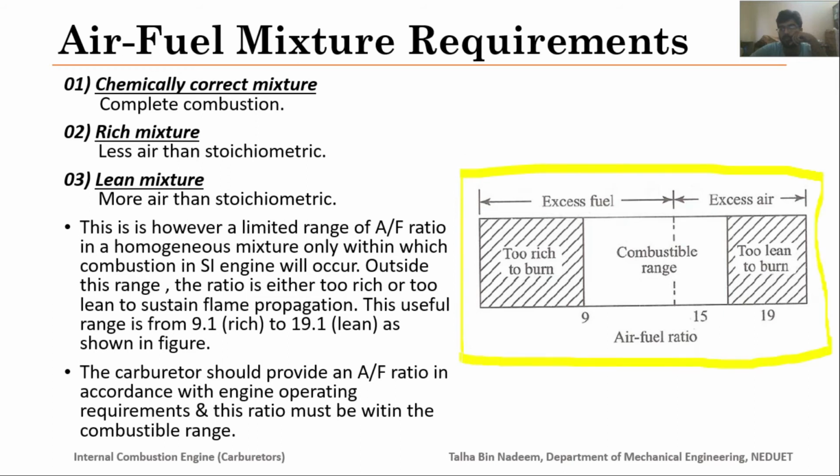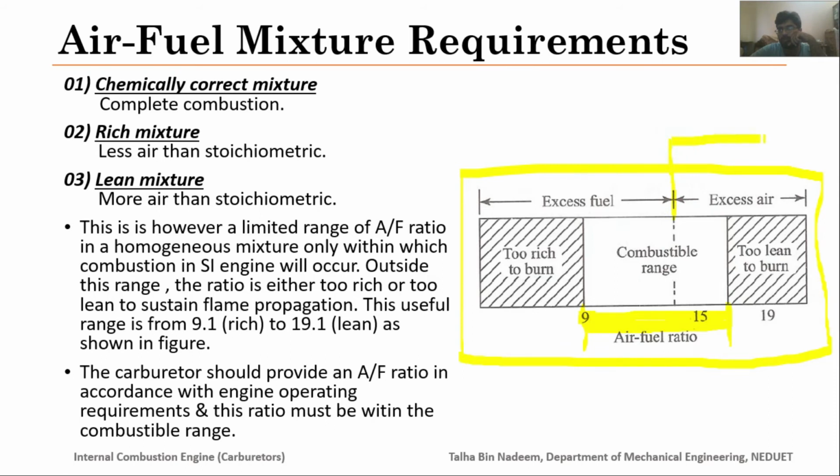As you can clearly see, from 9 till 17 at this point, from this point till this point, this is the combustible range of air fuel mixture at which your IC engine can operate. This is the stoichiometric point.